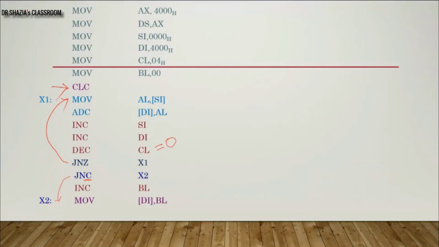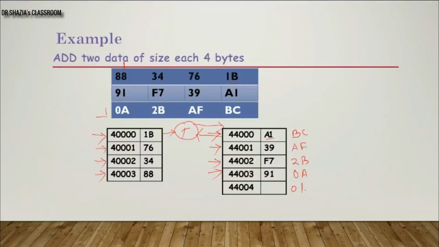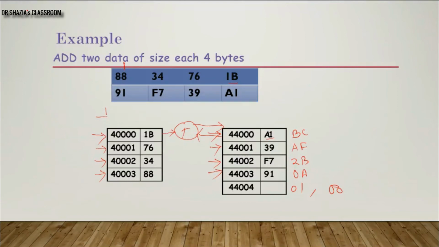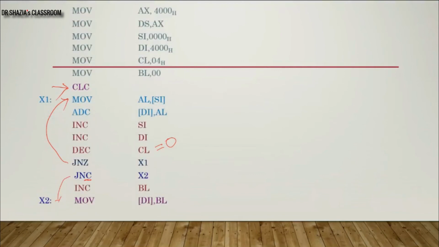So BL will remain 0 and it will be stored in the next higher memory location of the previous program. Here it will be stored as 00 if the carry is not generated. If carry is generated, BL will be incremented by 1 because you are writing INC BL, and then that value 01 will be stored at [DI].